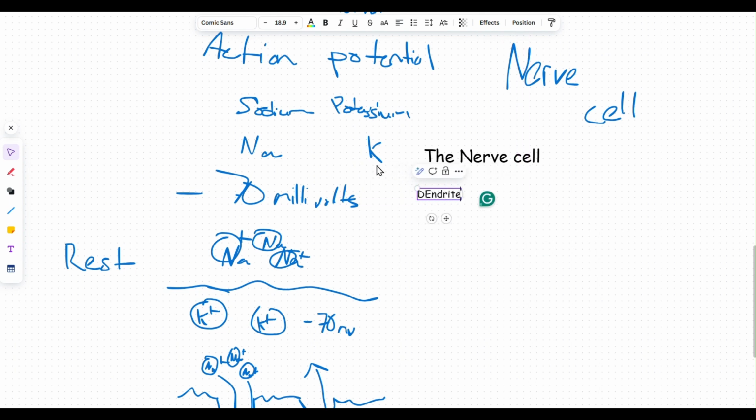This part of the nerve cell senses the electrical signal or stimulus.